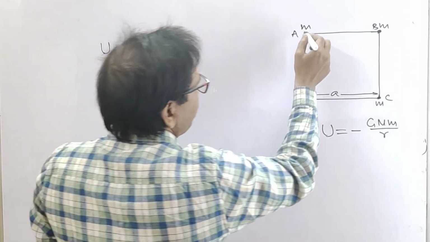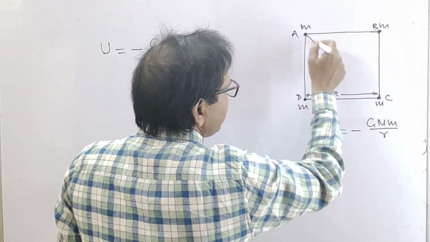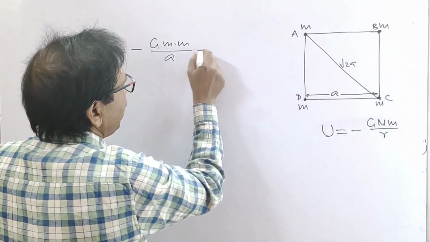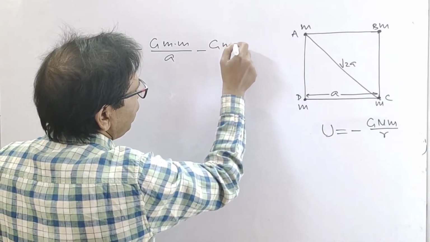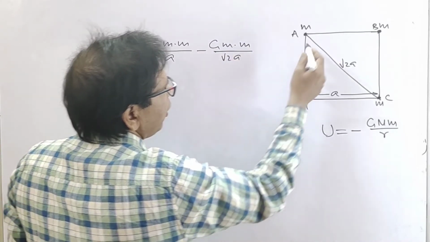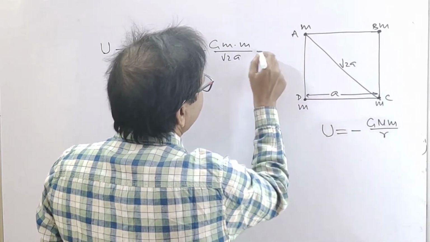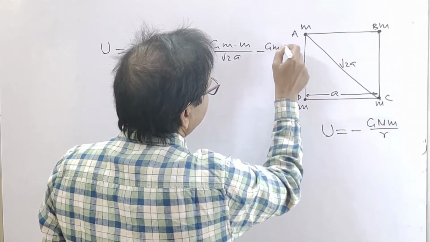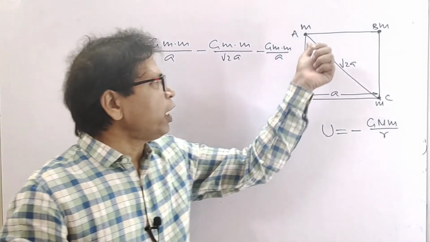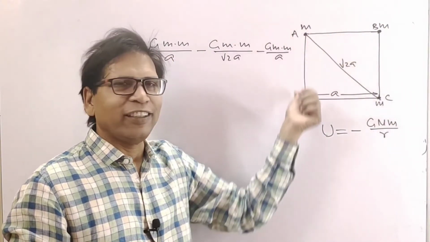Okay, now potential energy between this mass and this mass, look at this, this distance is root 2 into A. So this is minus G M into M whole divided by root 2 into A. Now potential energy between this mass and this mass is minus G M into M divided by A. So we calculate potential energy between this and this.